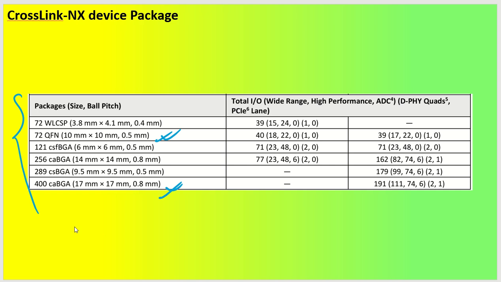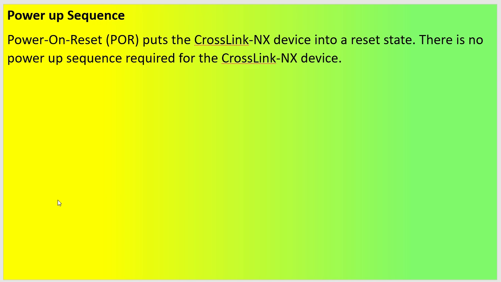So why don't we do one thing? Before that, I just want to make sure of one thing about designing the power supply for this particular CrossLink-NX series FPGA. You can see there is no power up sequencing required for CrossLink-NX devices.